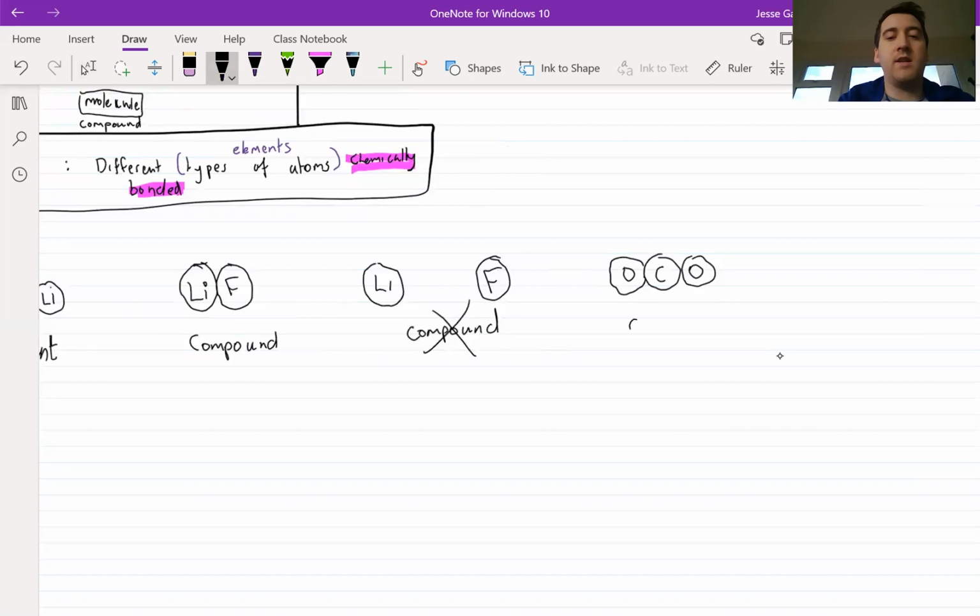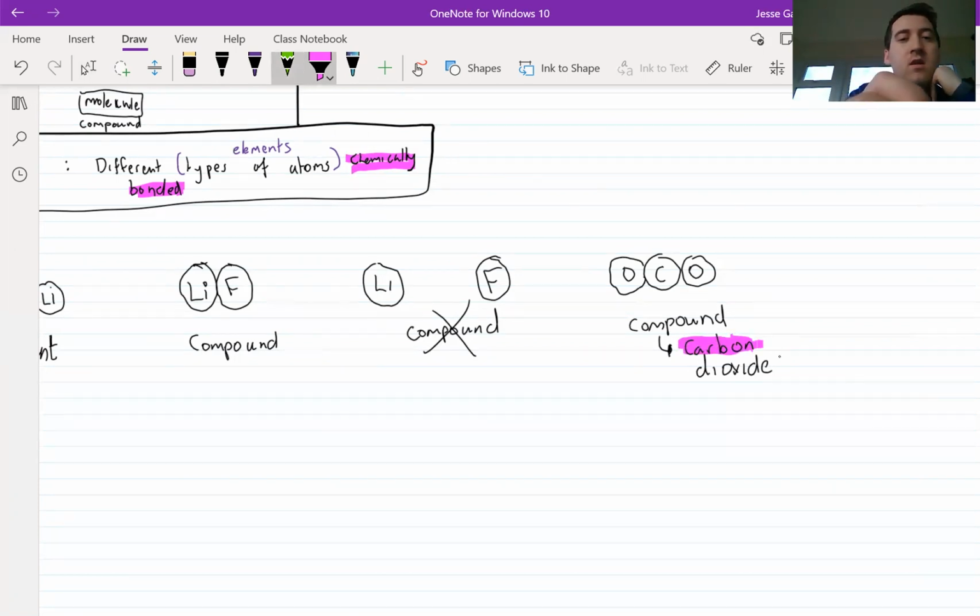Hopefully you said that it's a compound because we've got different elements, carbon and oxygen, and they're chemically combined. We call this compound carbon dioxide. There's a hint in the name. Carbon is one element.